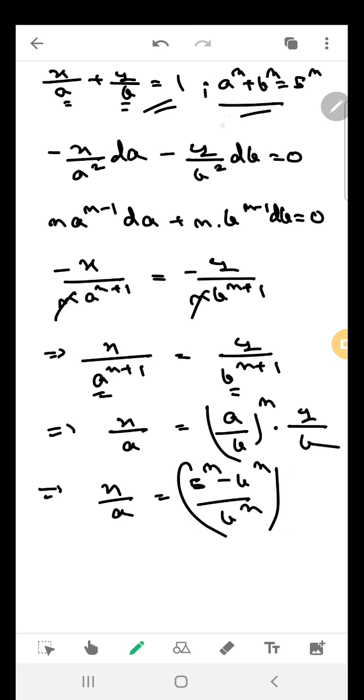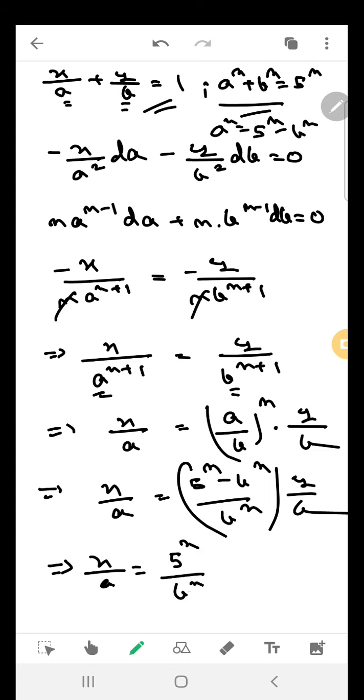From here we can say that x over a equals 5 to the power n over b to the power n minus 1 times y over b, right?